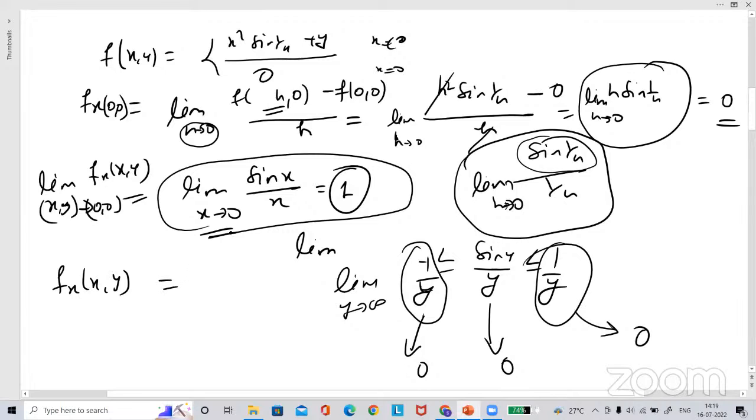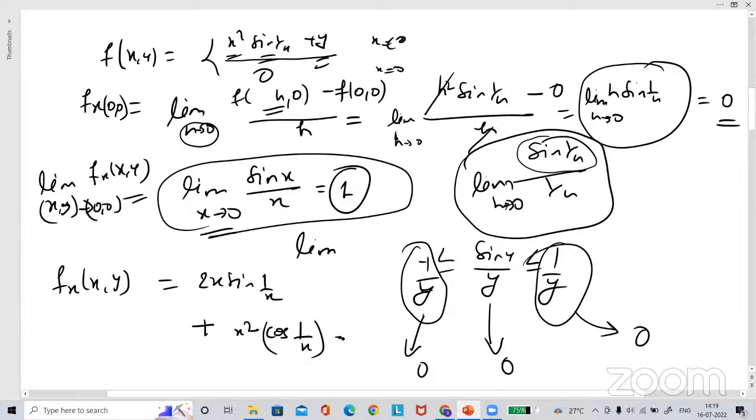Partial derivative with respect to x, what is this? What will you get here? This is just y, assuming y as a constant, and you will do this using the product rule. So this is 2x sine 1 by x plus x square cos 1 by x into, now you have to use composition, minus 1 by x square.